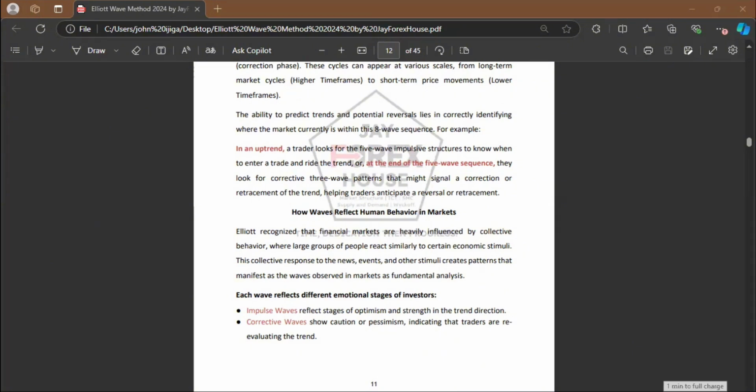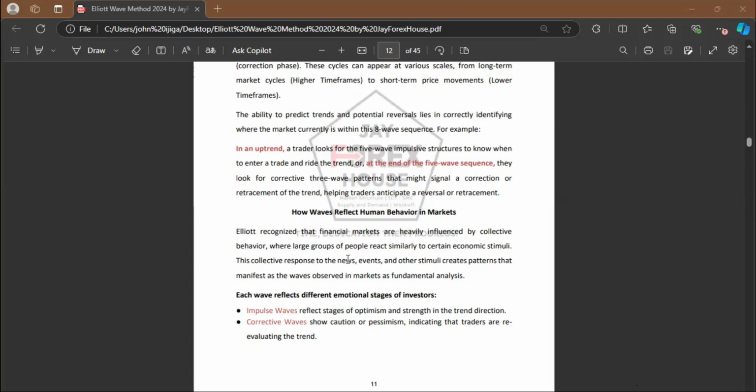That is how they are reflected. So Elliott wave is going back to the background understanding of how all this affects our psychology, and also emulates them in impulsive and corrective waves. So basically, this is how Elliott wave reflects human behavior in the market.